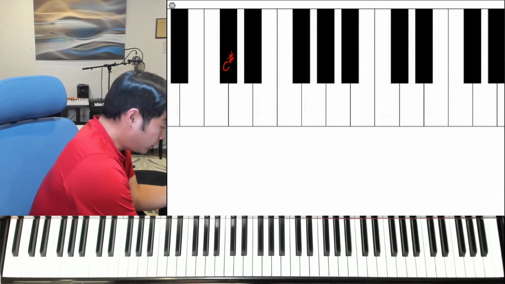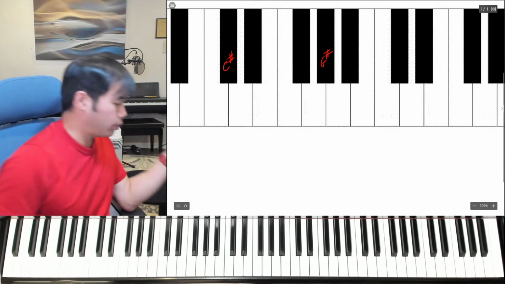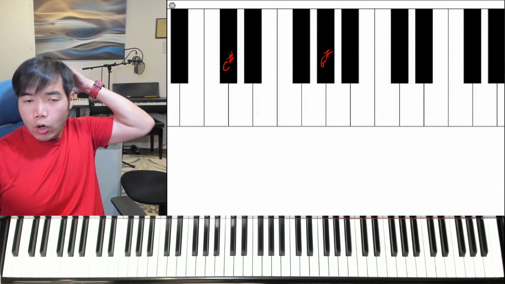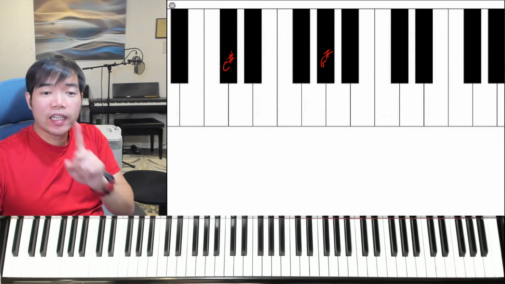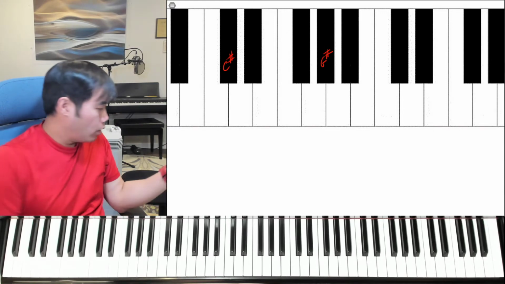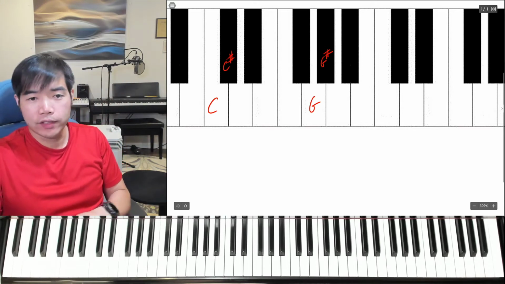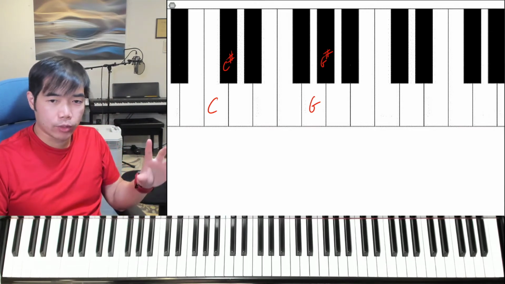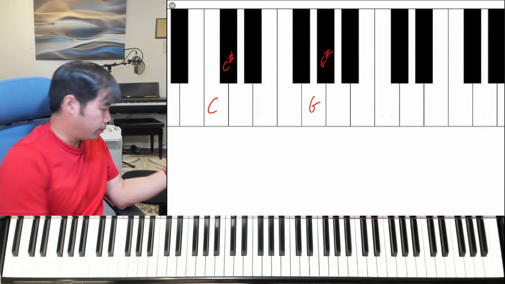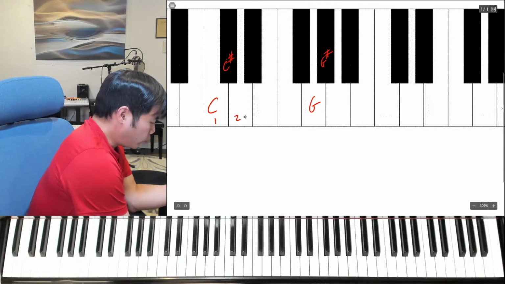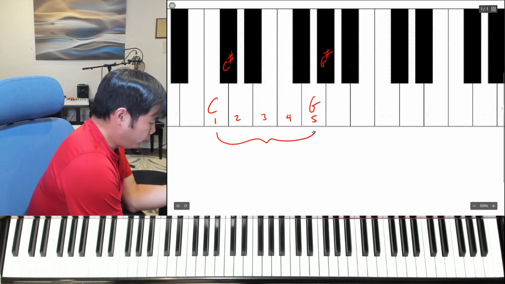And let's say we have the note G sharp. When determining the intervallic number, we just consider the spelling of the letter itself, C and G. We're going to ignore the sharps. C to G, 1, 2, 3, 4, 5, is a fifth.